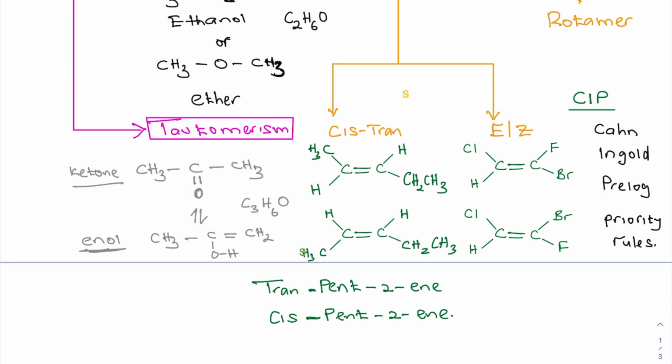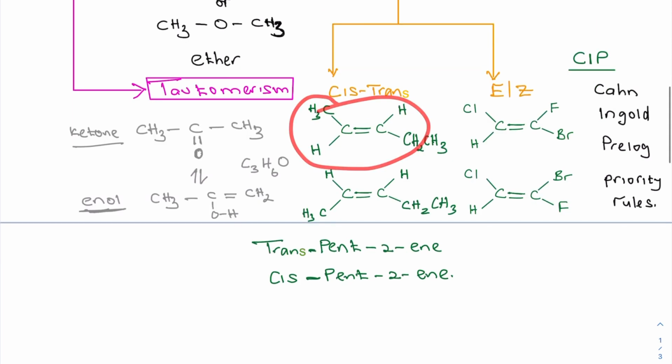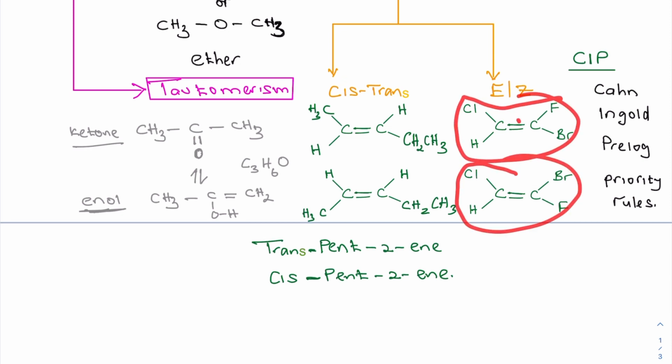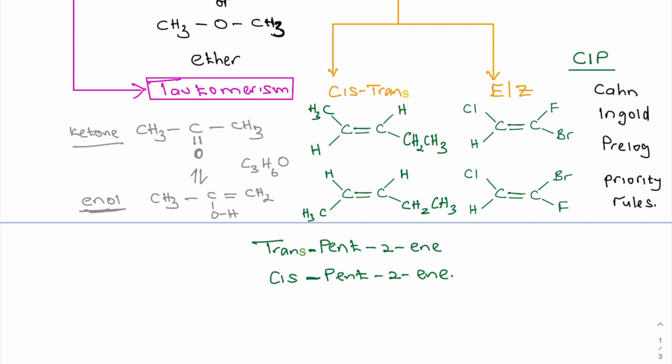So this has a fixed shape, and that fixed shape can have two different types of structures. Same structural formula, same molecular formula, but different spatial arrangement. That is different to that.